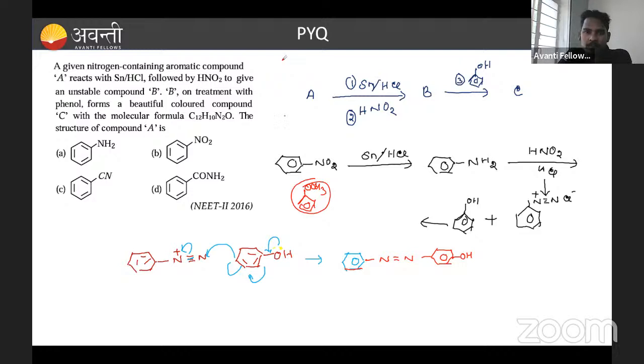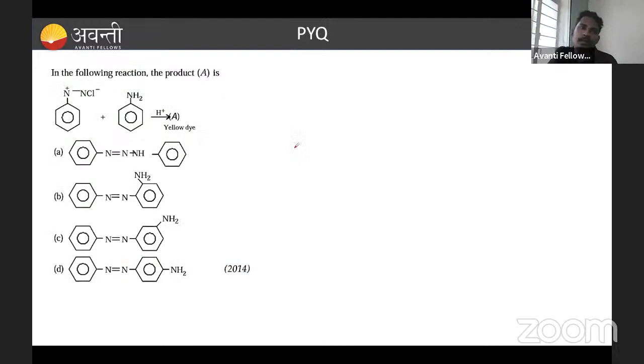Now try to solve this. That is what I told you, what I just explained. So here what we are taking is a diazonium salt, this is plus, and after that we have aniline, NH2.